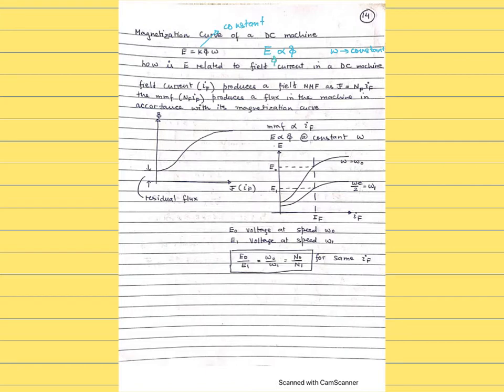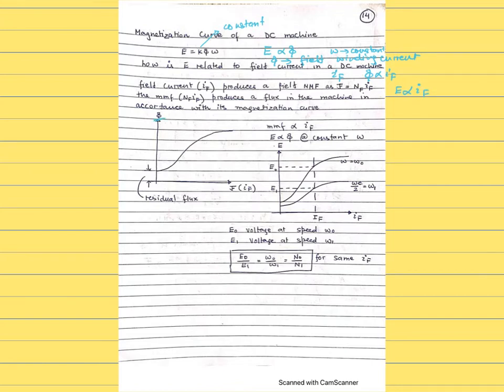This field is produced by the field winding current, let's say represented by IF. So phi depends on IF, and that is how E indirectly will be proportional to IF.